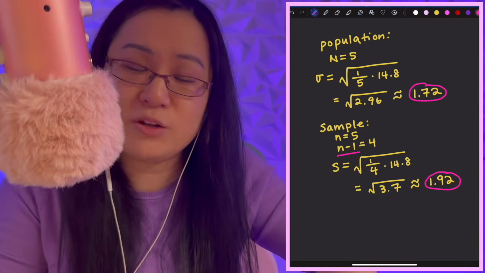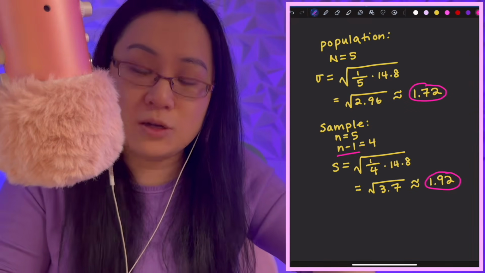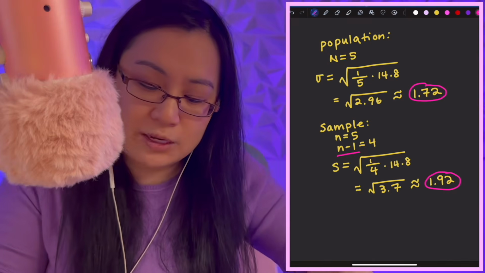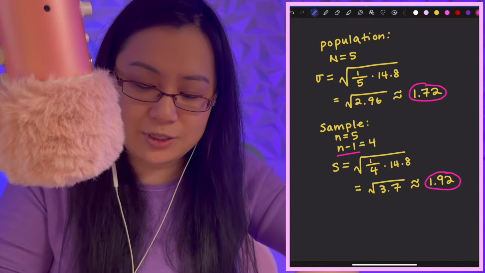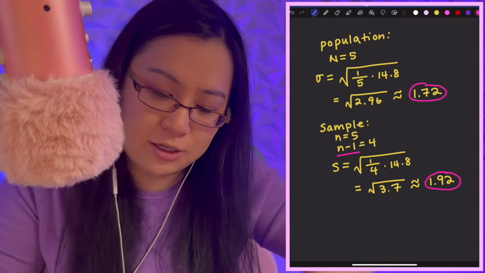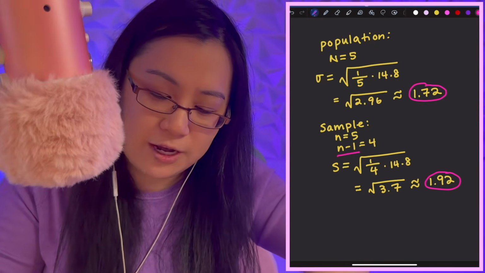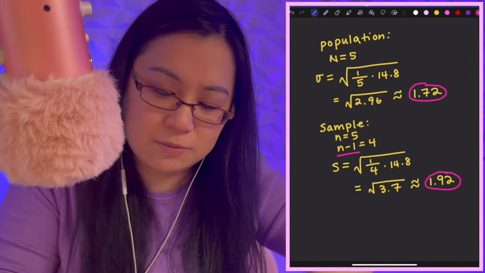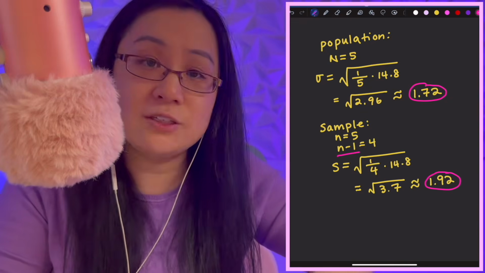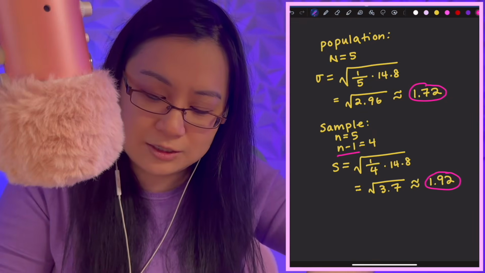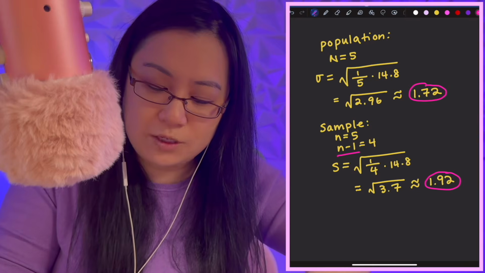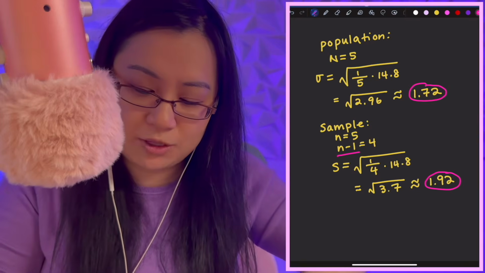So there might be a little bit more variability in the other data, and we want to account for that. That's why this is a little bit bigger. If we had a population of 5, we'd have this sigma of 1.72. If we have a sample of 5, then we have this s equals 1.92. I hope that makes sense here.